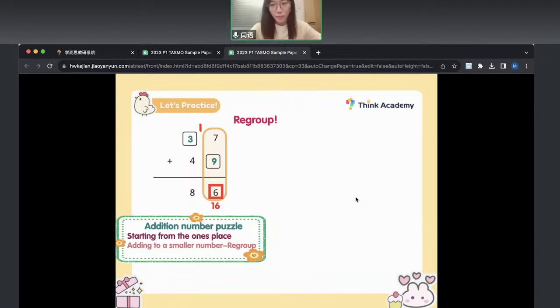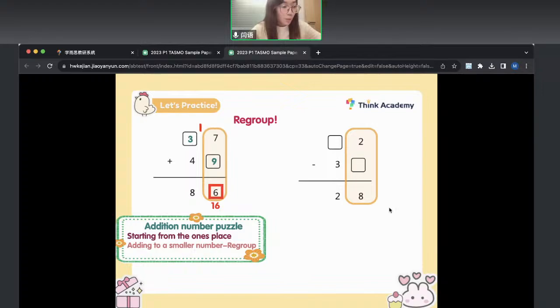And let's move on to a subtraction one. Also here, I give you an example. Look, 2 minus something equals to 8. What is the missing number here? Yes, again, I give you some time.